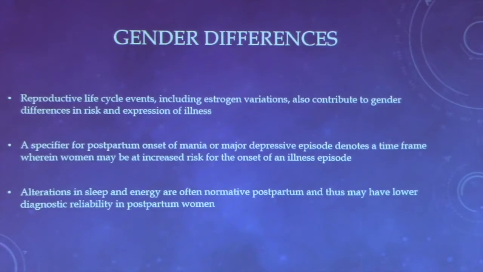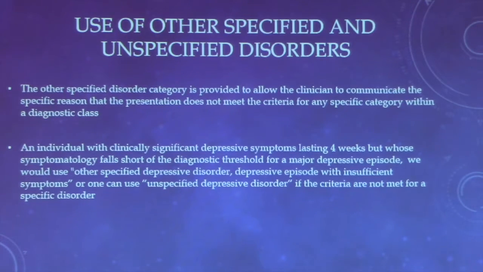So DSM has all these specifiers and unspecified disorders. They did get rid of the NOS diagnosis, but they still have these unspecified diagnoses, though they've made it a little bit more clear what unspecified means. Usually with NOS, you could just give anyone NOS, because if you don't have anything else, you give NOS. Here they have certain criteria for why you use unspecified.